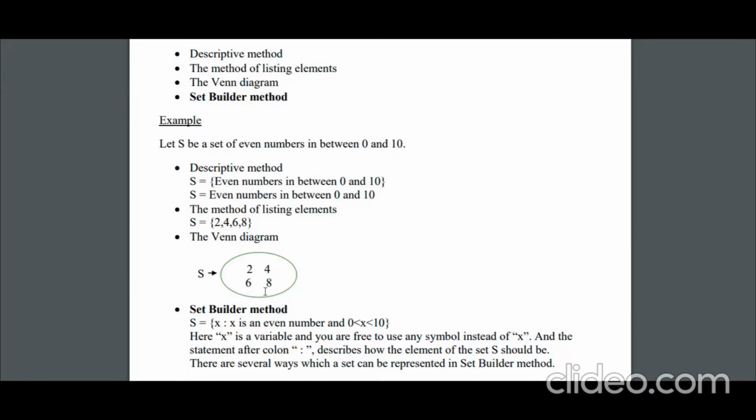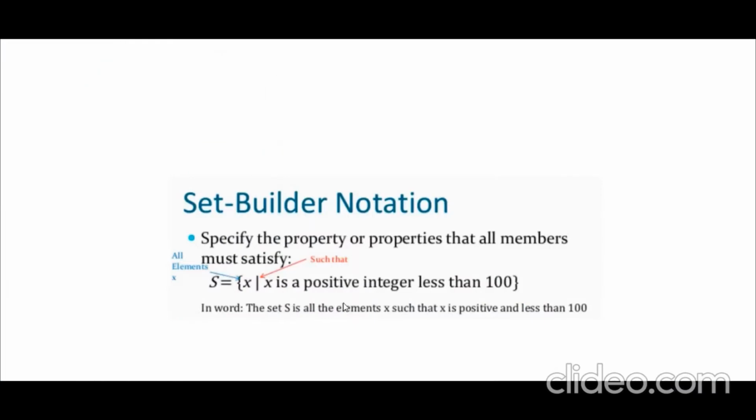And finally, we come to the set builder method. This is the set builder notation. It specifies the properties that all the members should satisfy. So let's say our set is S, and it's described this way.